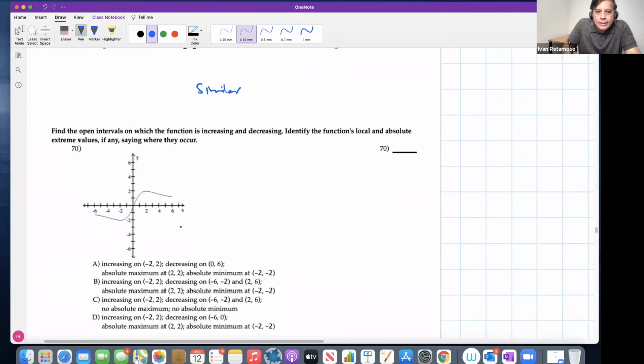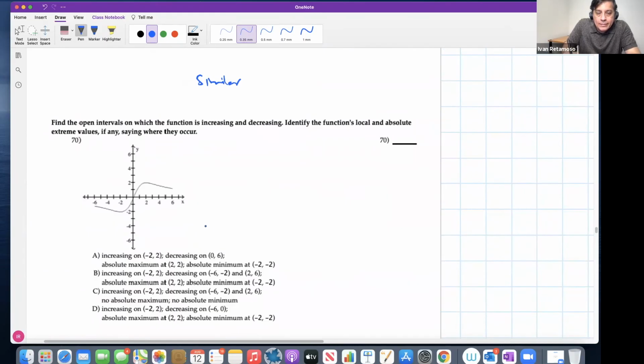Increasing, decreasing function. Yeah, this is pretty straightforward, right? They are asking you over which interval this is increasing, over which interval it is decreasing. I showed you yesterday a nice technique. Look, decreasing here, increasing here. You just have to trace the graph from left to right, right? Then decreasing here. And this point is the local min, right?